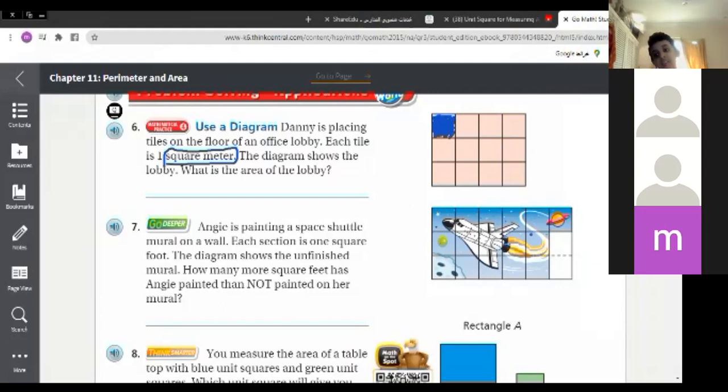Can you count? 1, 2, 3, 4, 5, 6, 7, 8, 9, 10, 11, 12. There are 12 tiles. But here, how many square meters? It's 12 square meters for this figure.